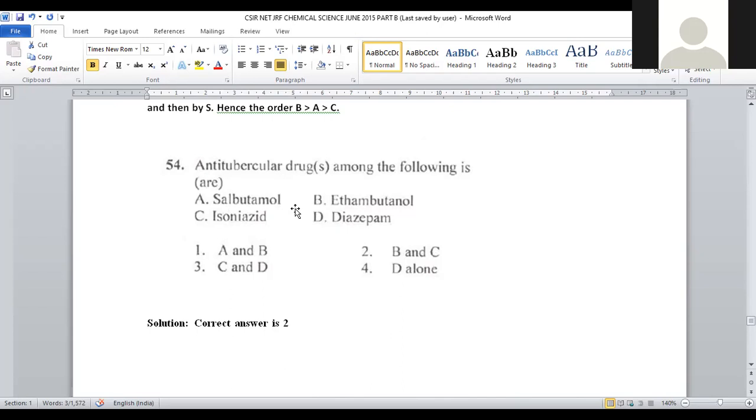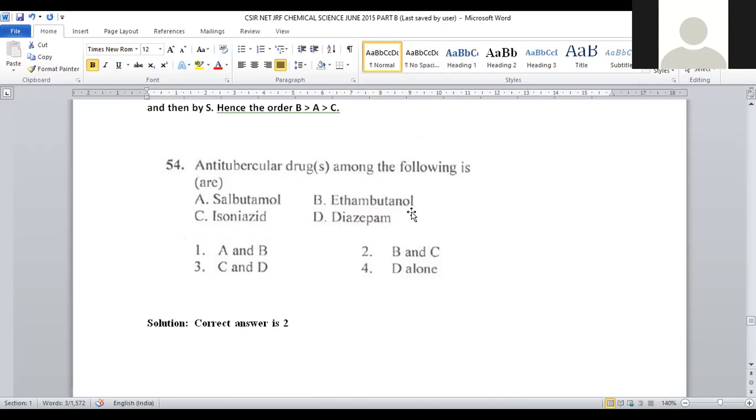Salbutamol is a chemical compound used for the treatment of asthma. Asthma is the respiratory syndrome where the air pipes become contracted and breathing becomes difficult. In that case, salbutamol will be very efficient for free breathing, right?